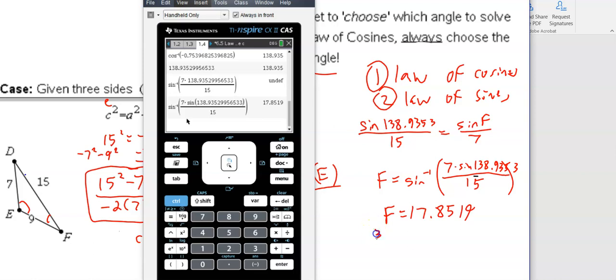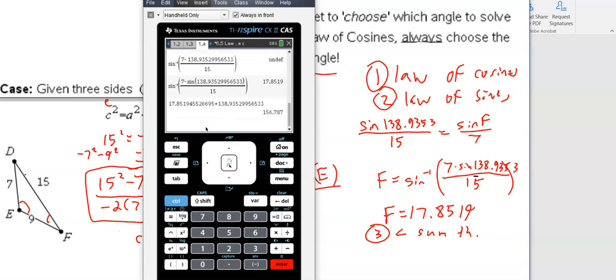And the third step, we used the angle sum theorem. Again, you're just adding up the angles and subtracting from 180. So we're going to add up that with the 138.935.